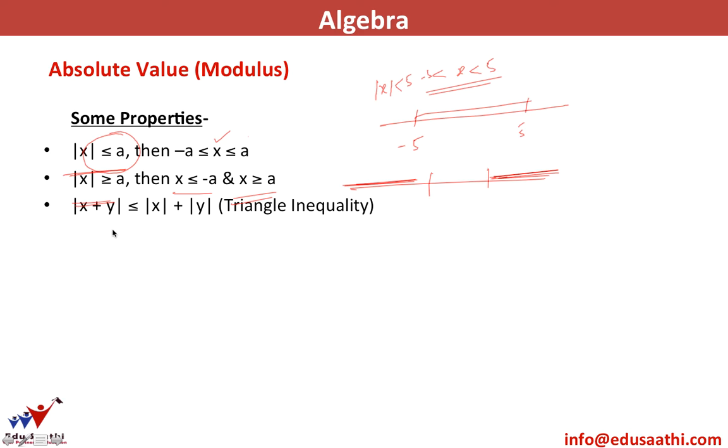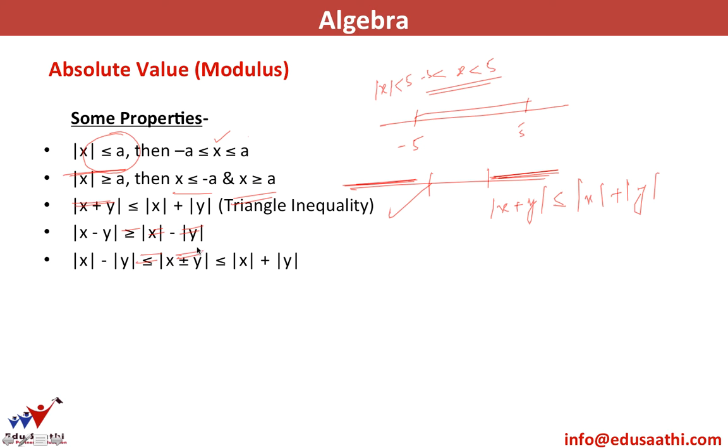Mod of x plus y will always be less than or equal to mod of x plus mod of y. This is also known as the triangle inequality. Mod of x minus y will be greater than or equal to mod of x minus mod of y.